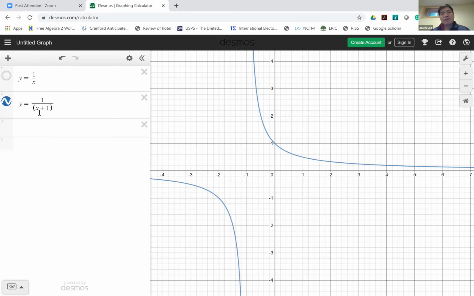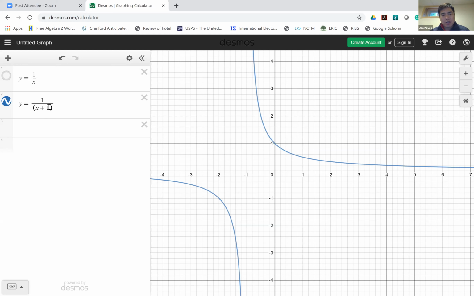Last time we talked about function transformation, and whenever it's inside, it always shifts right or left. The same situation here. Whenever I put a negative sign, the 1 over x graph moves to the right side. How much? This much, right?